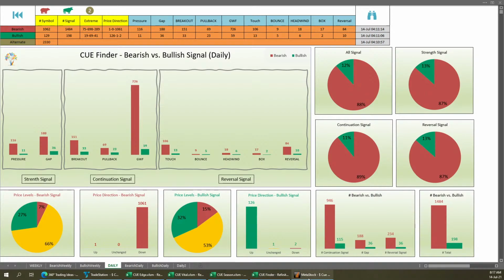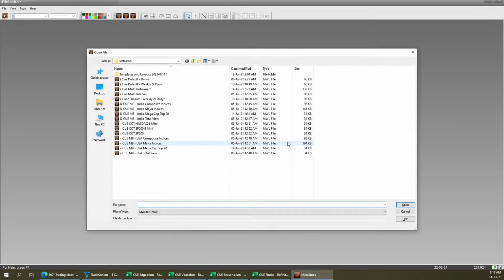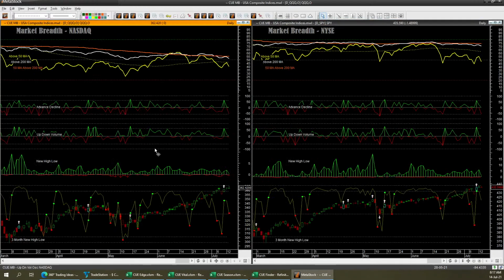Now let's look at market breadth using Q Global Market Breadth Analysis. Let's look at the composite indices first: market breadth Nasdaq and market breadth NYSE, exchange level market breadth.